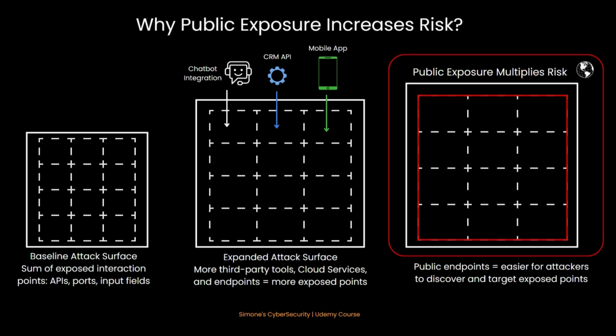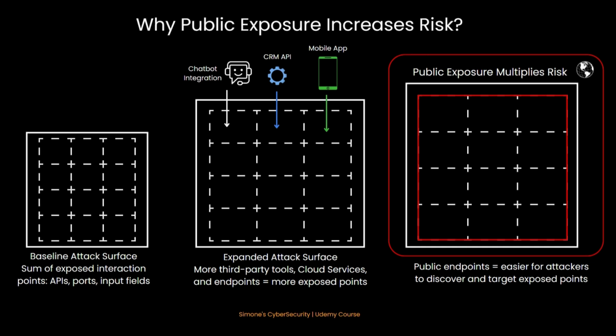When systems are publicly accessible, every part of the expanded attack surface becomes reachable by anyone on the internet, including attackers. They no longer need to be inside your network. They can scan, probe, and exploit exposed assets remotely using automated tools or AI-based scripts. This is why public-facing systems are particularly vulnerable.